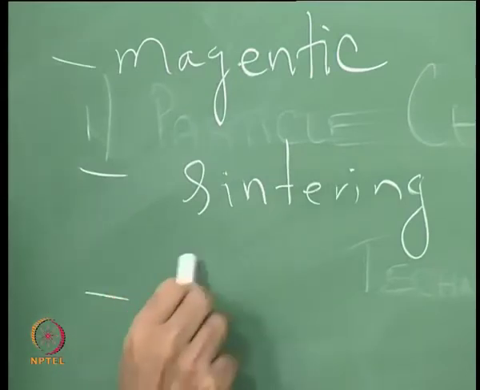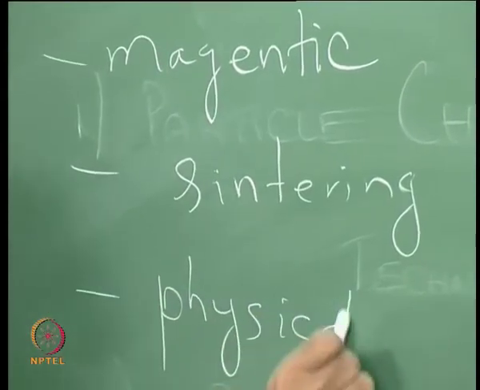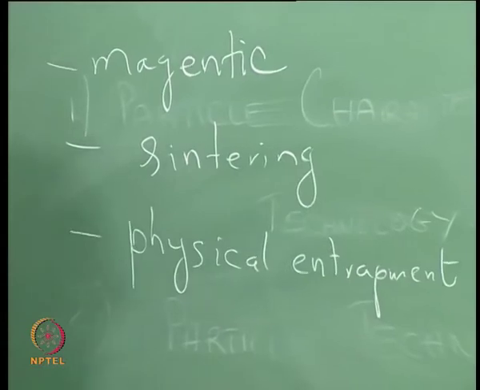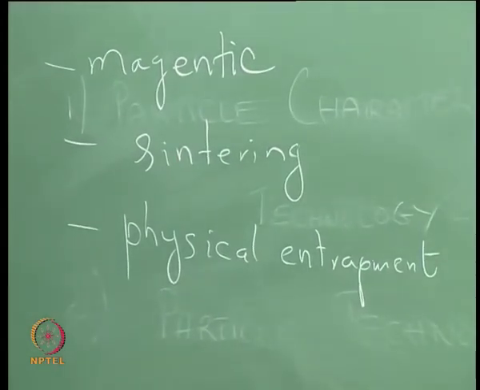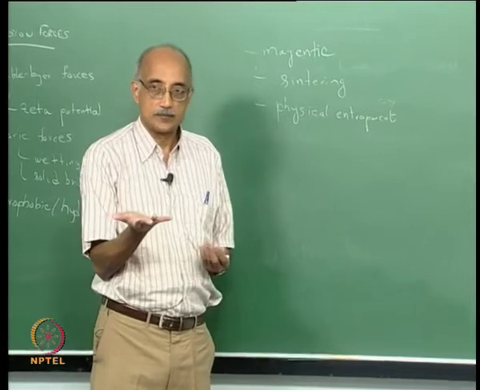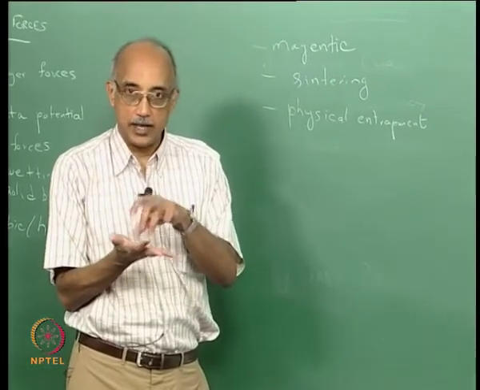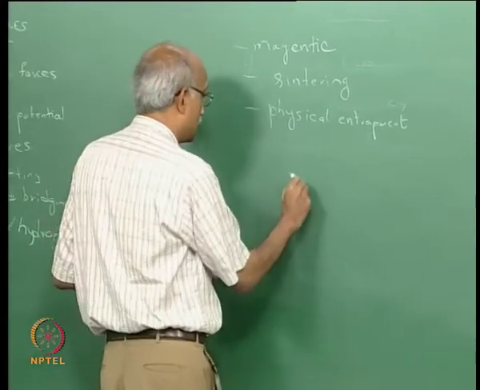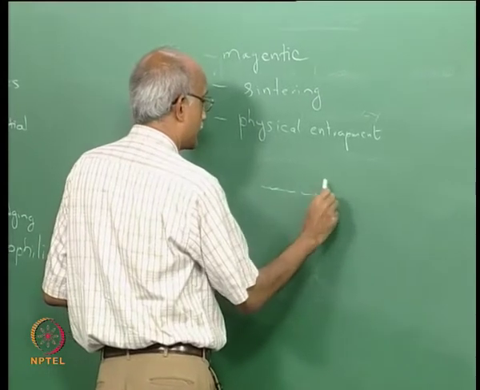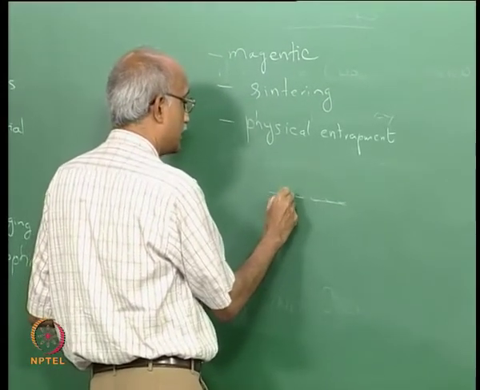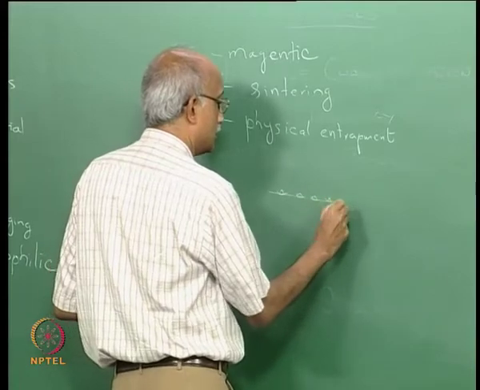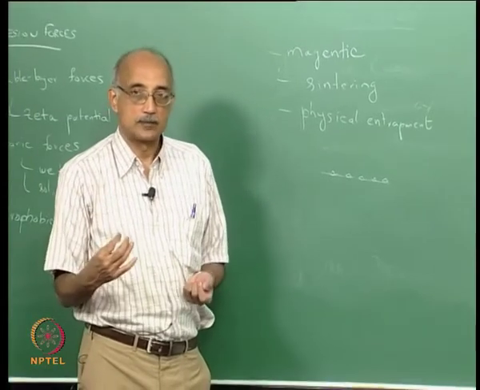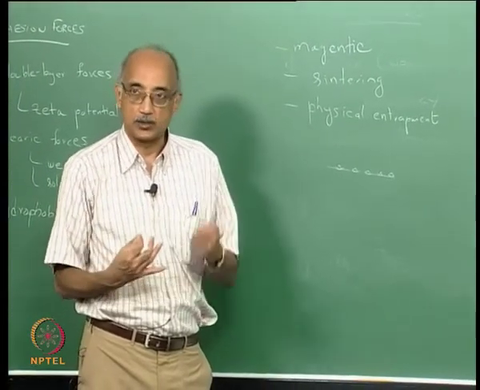Another classification would be physical entrapment, which can happen when, for example, the surface has certain features that the particle can latch onto or lock onto. So, for example, if the surface has cavities and the particles essentially settle into these cavities, that would be an example of a surface feature that provides entrapment of the particle.